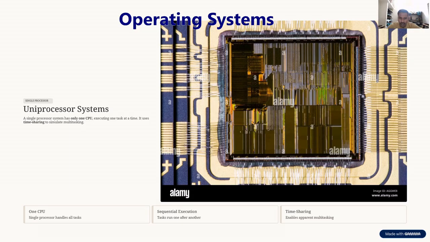Now we are looking at the single process system, also known as a uniprocess system. It has only one CPU and can execute only one task at a time. However, it uses a technique called time sharing to give the illusion of multitasking. The tasks are executed sequentially, one after another.